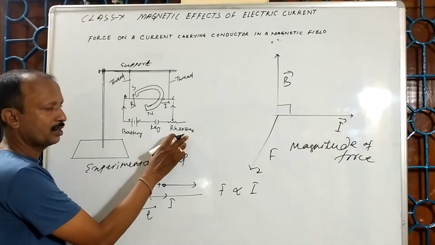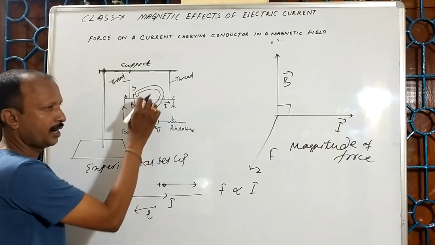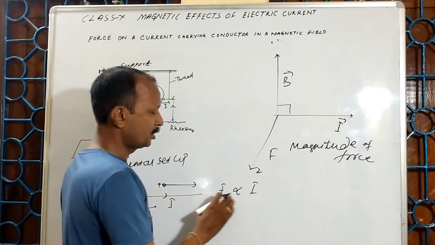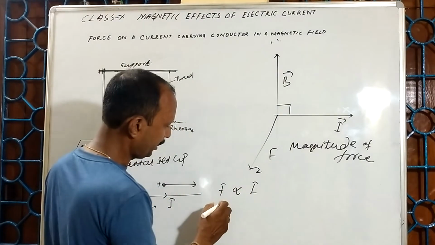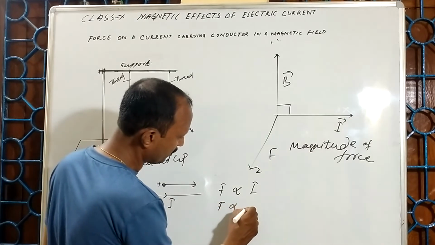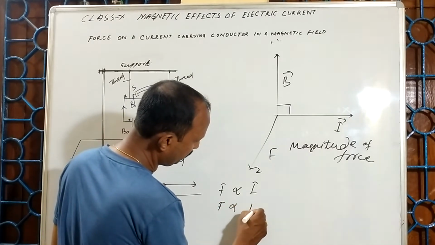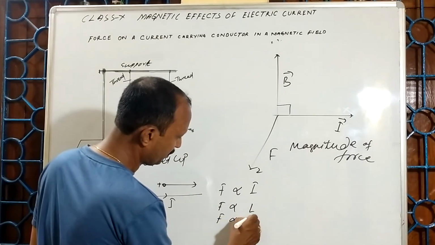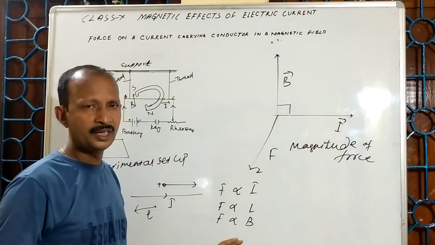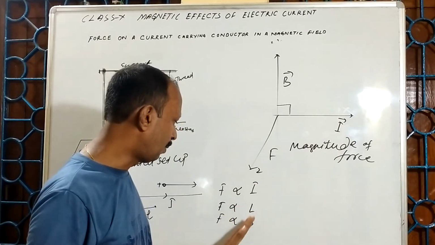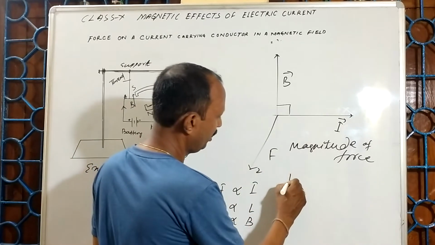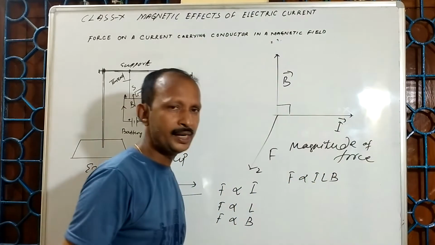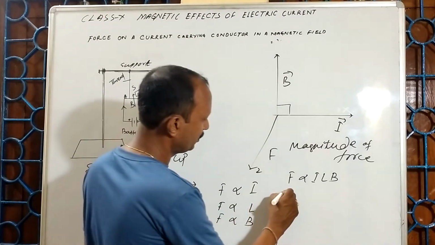If we vary the strength of the current, the force acting on the conductor also varies. Force is directly proportional to the current. Force is directly proportional to the length of the conductor, and force is directly proportional to the strength of the magnetic field.